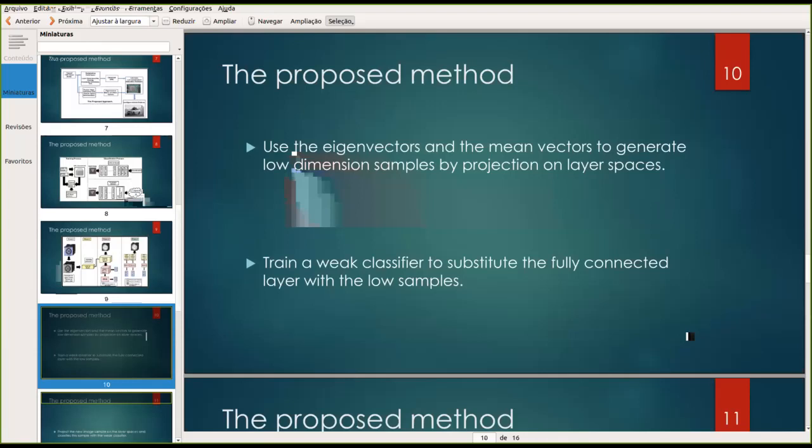We use the matrices of eigenvectors and the mean vectors to project the image samples onto the layered space. With these low-dimension samples, we train a weak classifier to substitute the fully connected layers.